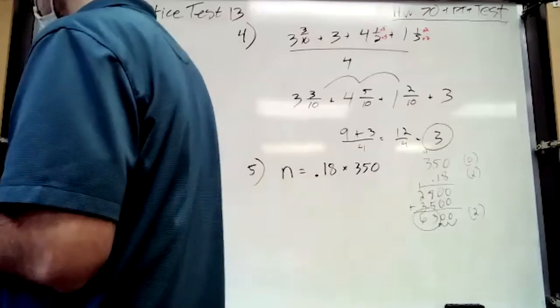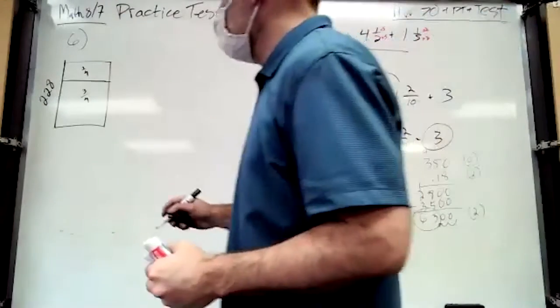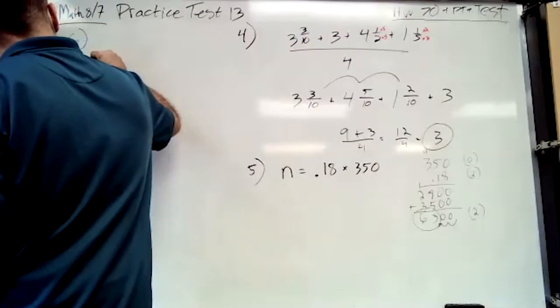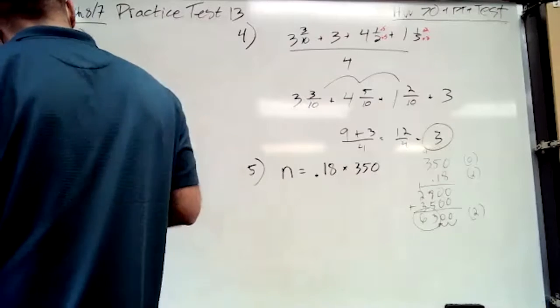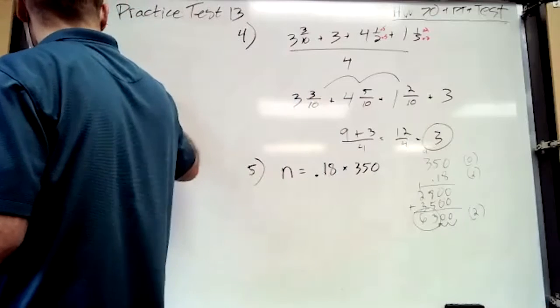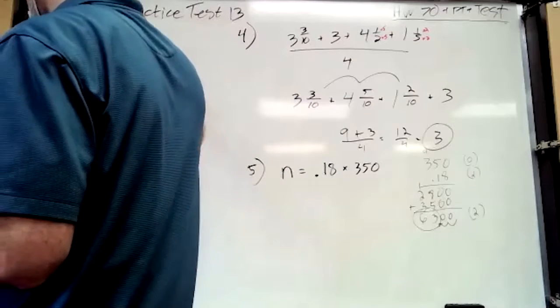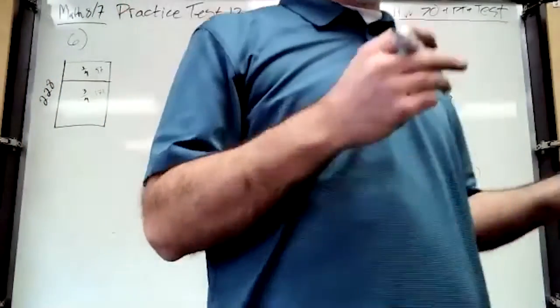The 1/4 would be 57 cards. So 3 of those would be 171 cards. Okay. So now we've kind of done the math already.